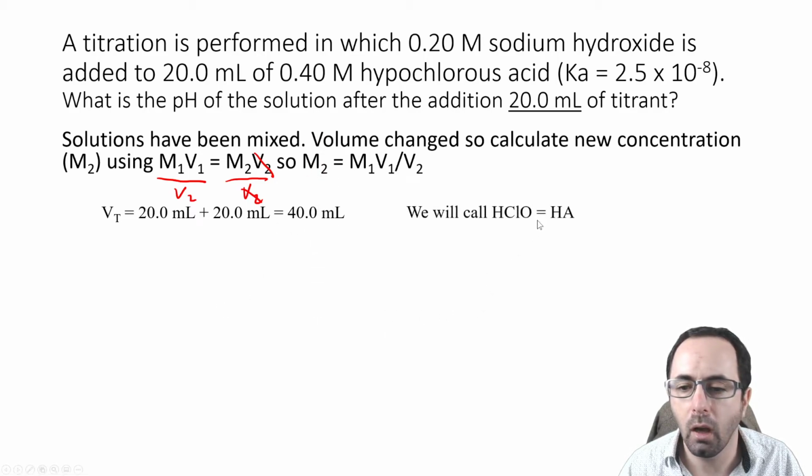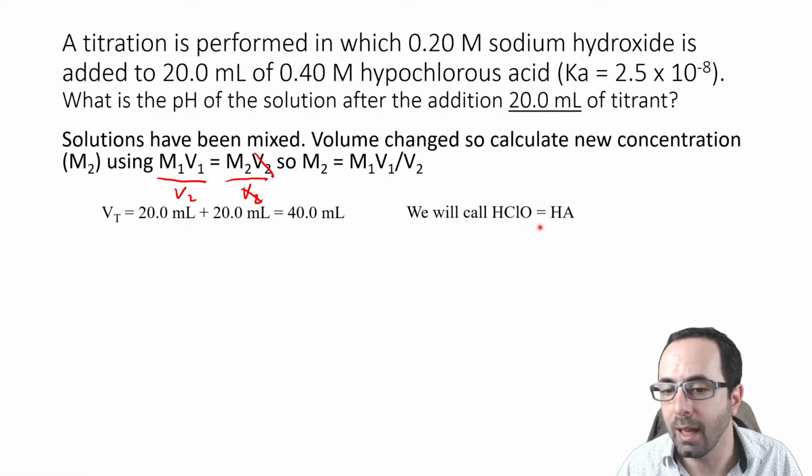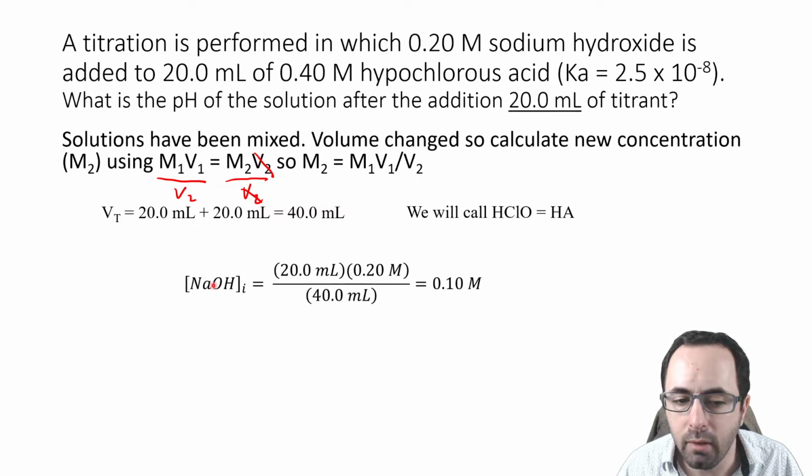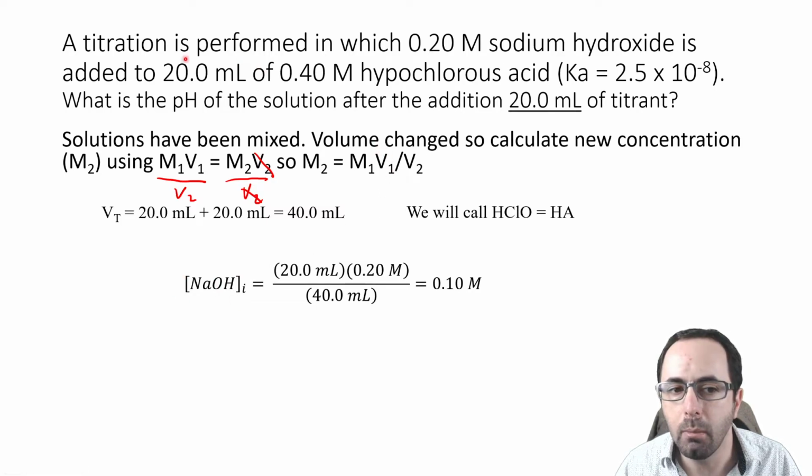So first, again, we're going to call the weak acid HA, just for simplicity's sake. My initial concentration of sodium hydroxide is going to be V1, 20 milliliters of sodium hydroxide. My M1 here is going to be 0.2 molar of sodium hydroxide. My V2 is the total volume, 40 milliliters.